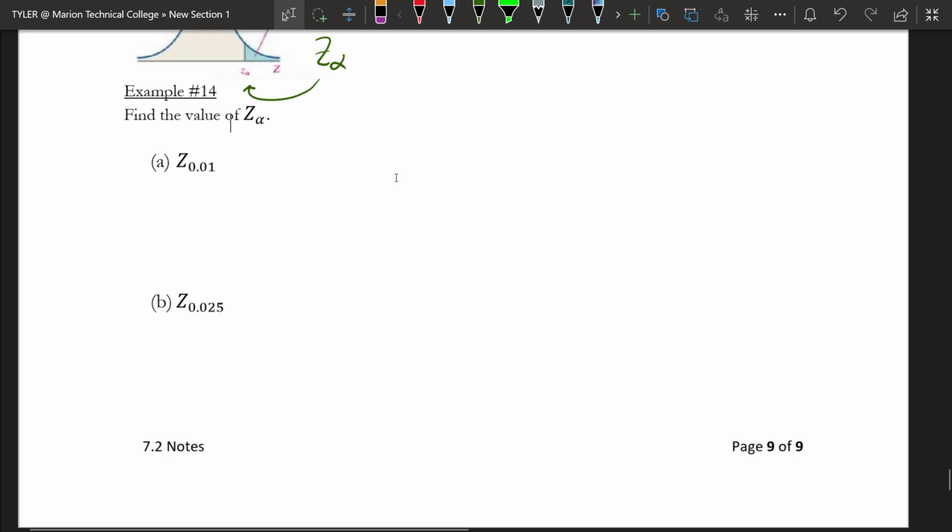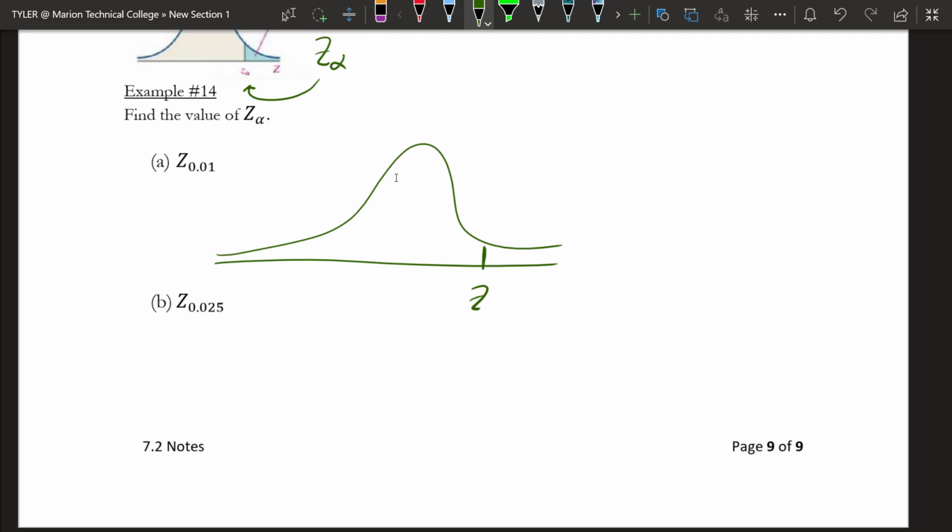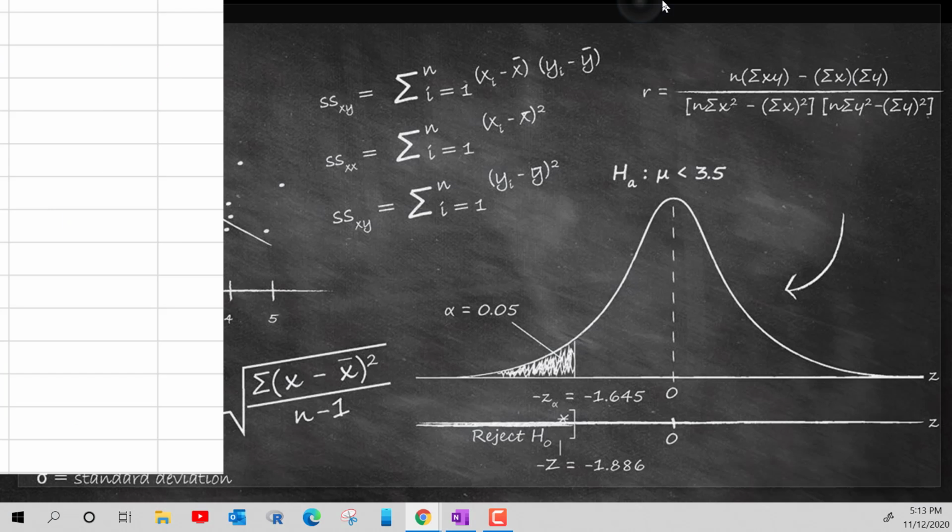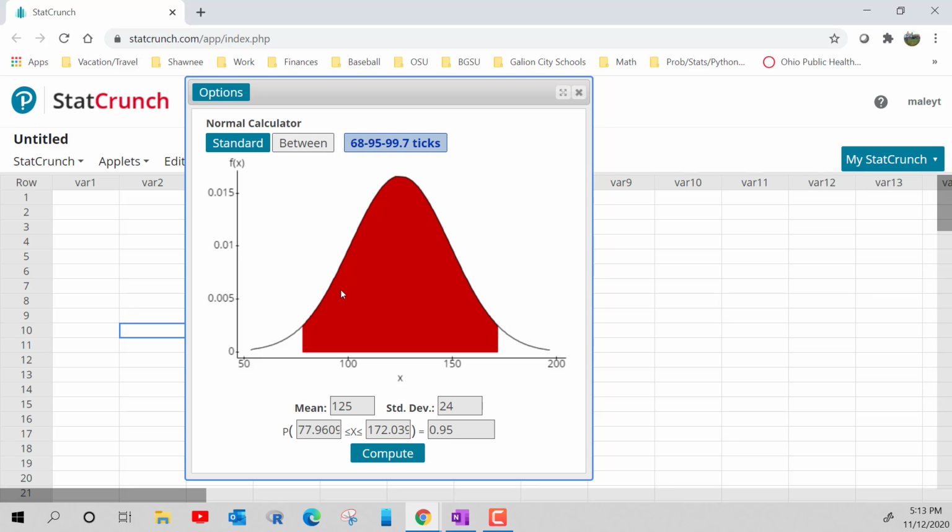So the first one, part A, we're trying to find z sub 0.01, right? So if I draw a picture of this, I want to find this cutoff, z sub 0.01, which means the area to the right of this is equal to 0.01. Right, so using Statcrunch, we'd go back to standard.